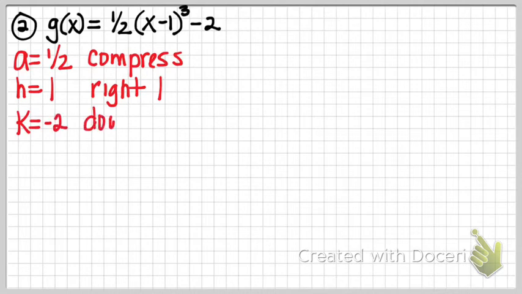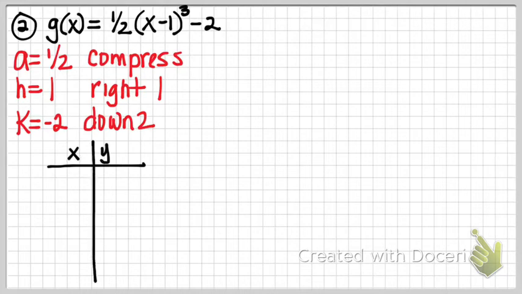All right. Let's go ahead and get your parent table from your pink sheet. So now we're cubing each number. And now you just apply your transformations. That's your parent table.